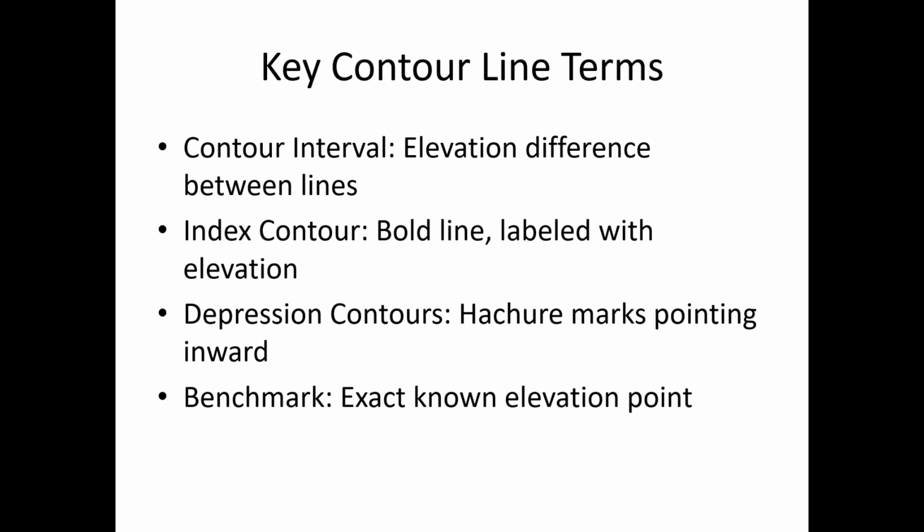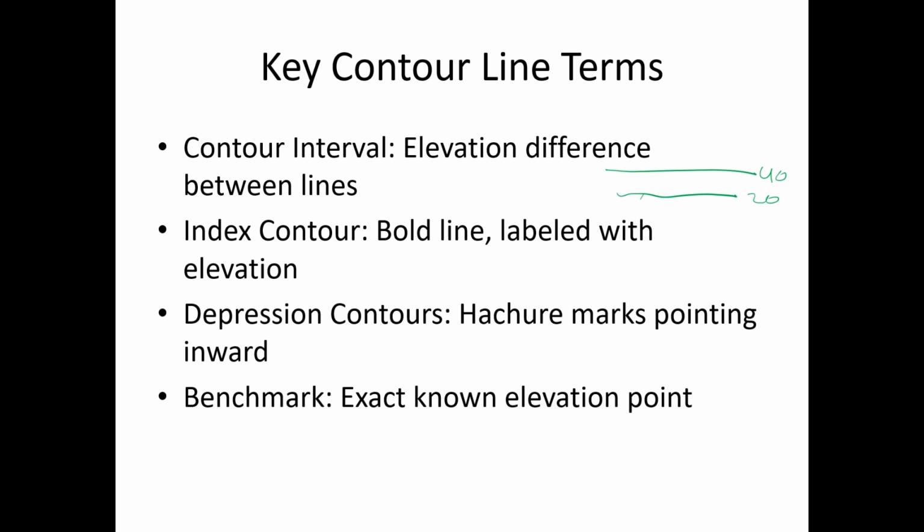Most of the time, it's just going to be labeled at the bottom of the map. Otherwise, for example, if you have a line here and a line here, and you know this one is at elevation 20, and this one's at elevation 40, the contour interval is 20, in whatever units they're using.